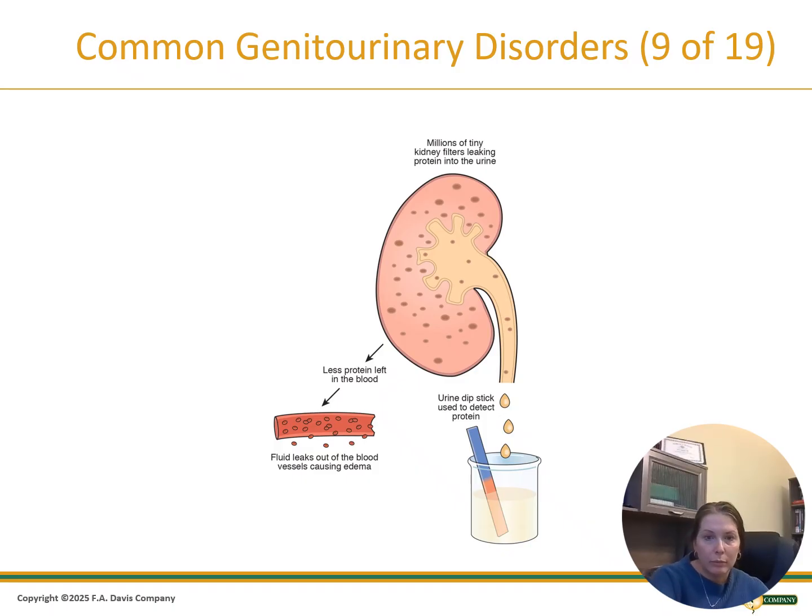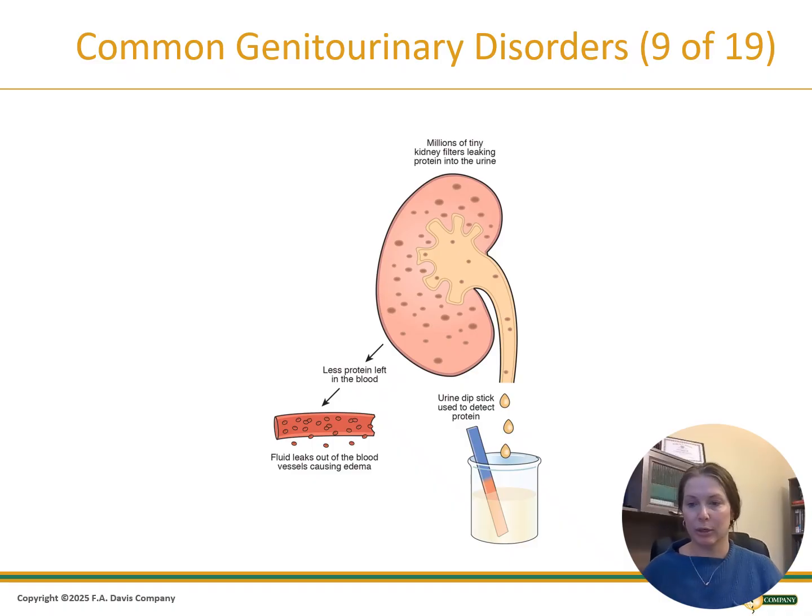Okay, so we have this fluid shift where we get the edema. There's not enough protein to hold the fluid in, so it's going to leak out of the vessels into the tissue, and that's going to cause the edema. It's most commonly seen in the face, so that periorbital edema, the ascites around the abdomen, and then they can also have edema in their legs.